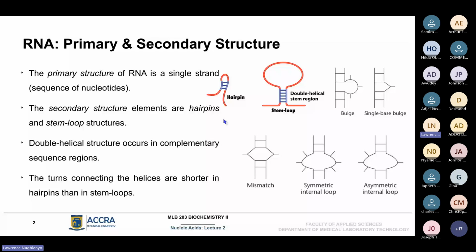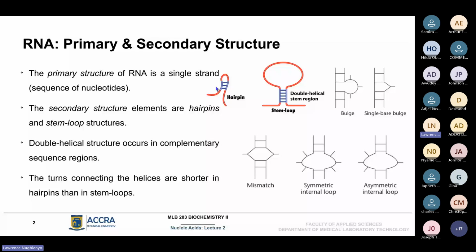Now, what does that mean? This is just a single strand. This is not a double strand, but you are having what we refer to as the stem region. So if you have an RNA molecule that folds such that at a certain point you are having complementary bases that are close to each other such that you can have hydrogen bonding between these bases, then you have what you refer to as a stem region of that RNA molecule.